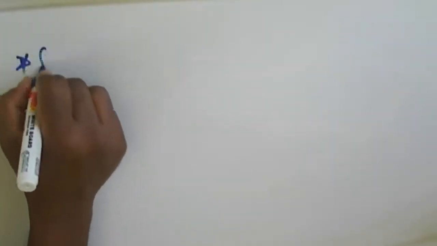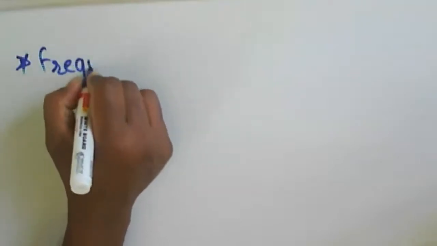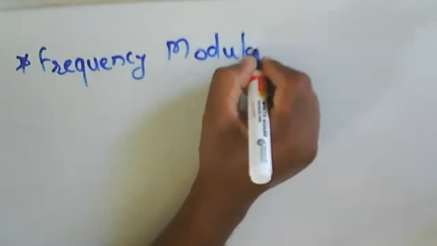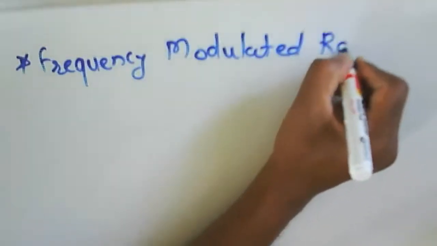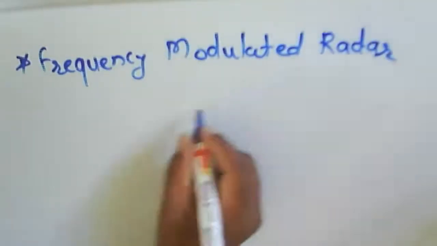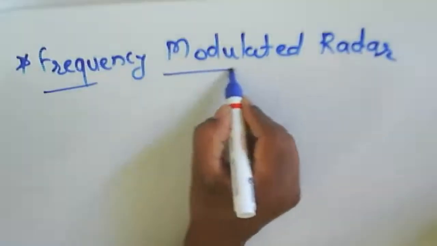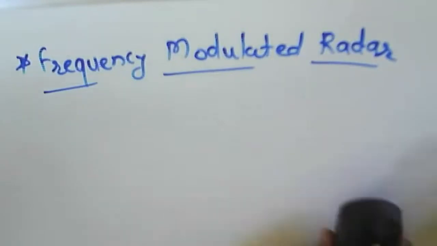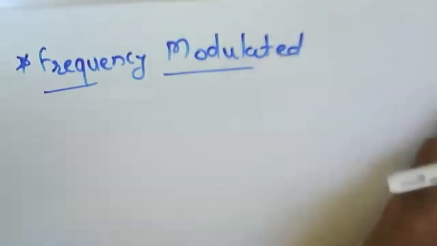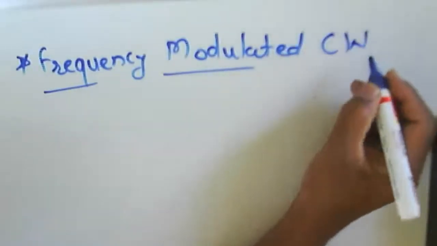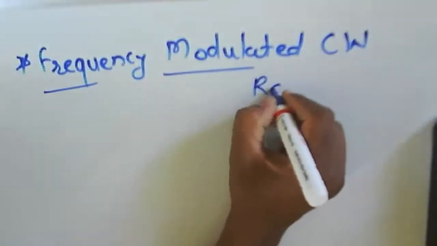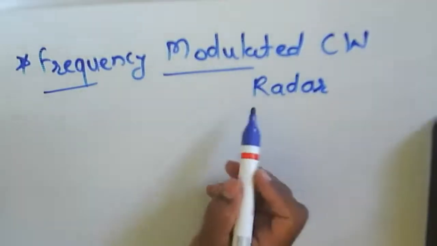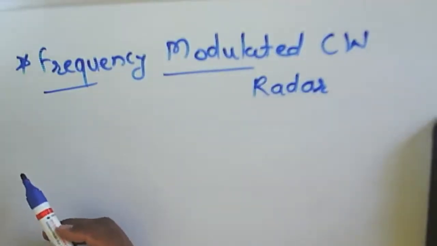So another topic is the frequency modulated radar, the FM radar, frequency modulated CW radar. So why are these frequency modulated CW radars used?